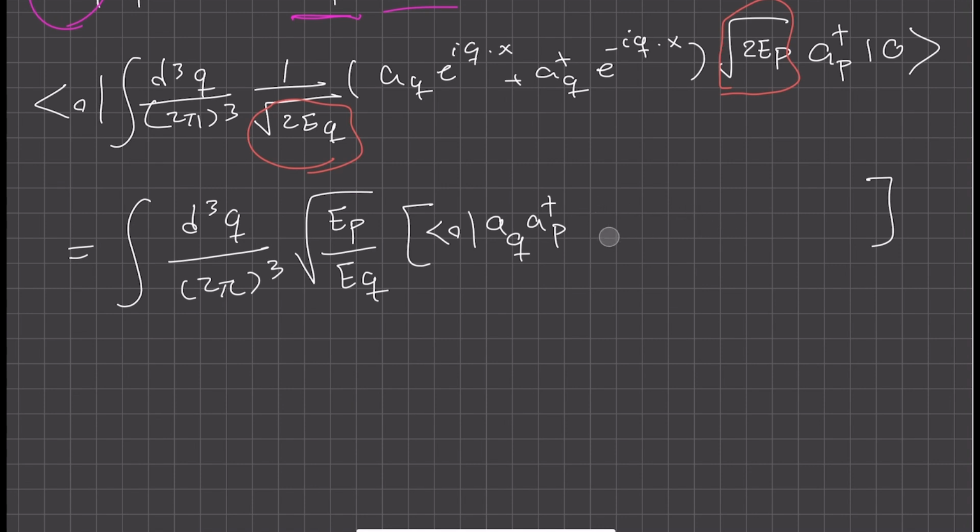So I should put this exponential term e^{iq·x}. Then I have this second term here, vacuum between a dagger Q and a dagger P of the vacuum. So now how to calculate this expression? I'm going to use the fundamental algebra between those states.